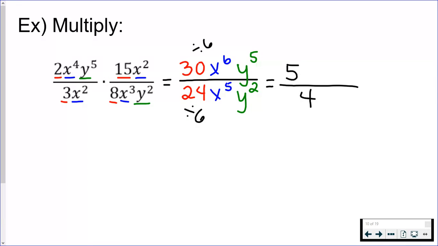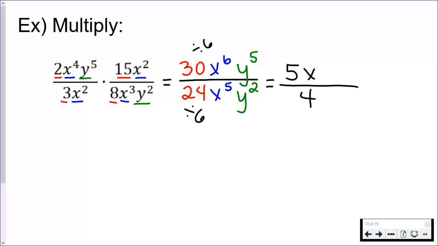Now I have x to the sixth over x to the fifth. You always subtract when you are dividing. You subtract your exponents. So 6 minus 5 is going to give me x to the first, or just x. You can write x to the first, but you normally won't see it there. And then we have y to the fifth over y squared.